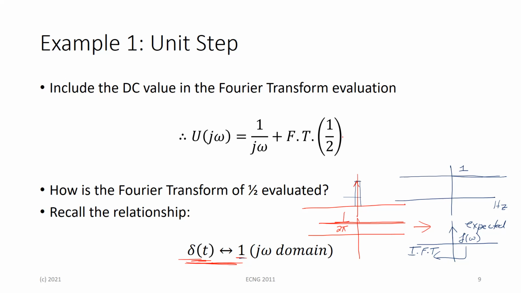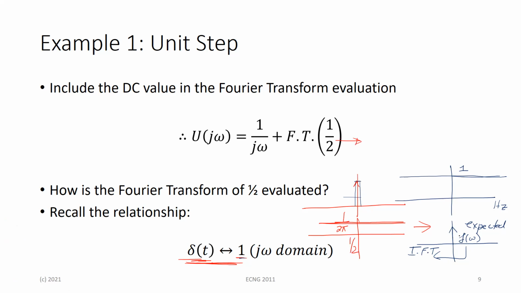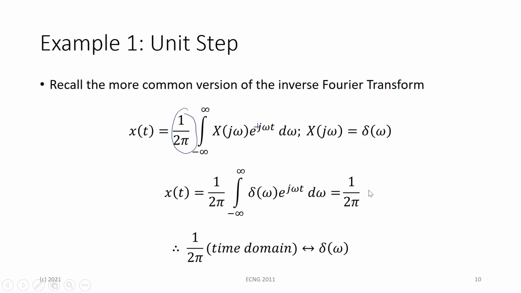If I want a half, then the delta omega must be a bit bigger. If I have pi delta omega, then the Fourier transform of a half gives me an impulse whose weight is pi. Instead of a weight of 1, it now has a weight of pi, that's all.